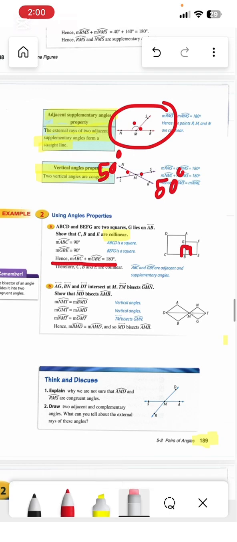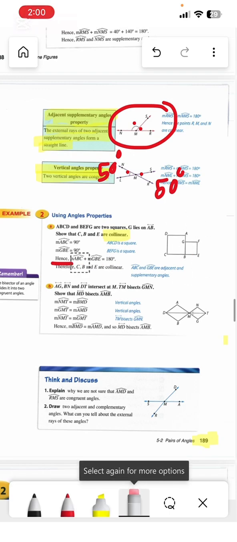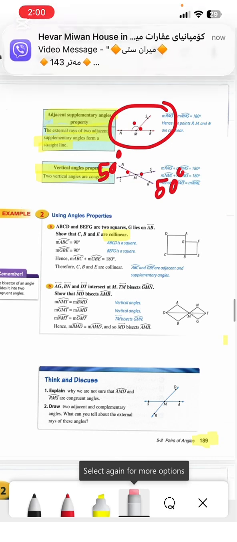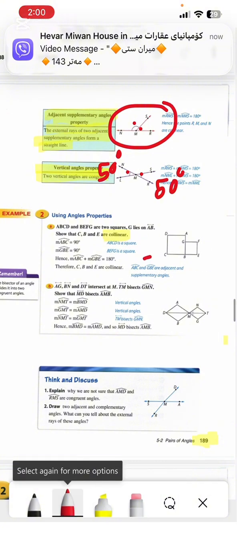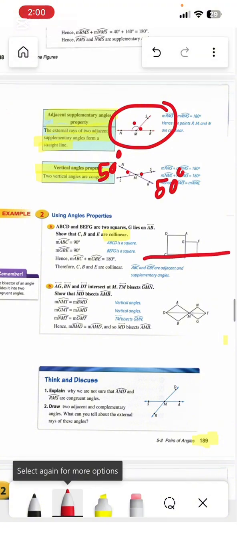Since we have proven that these two angles add to 180 degrees, and they are adjacent angles beside each other, they are two adjacent supplementary angles. So CBE is a collinear line, meaning a straight line.